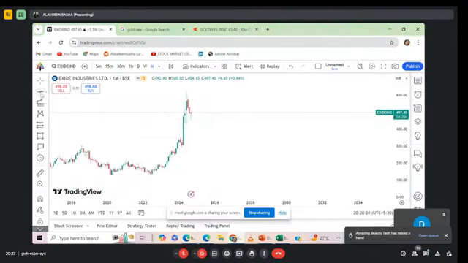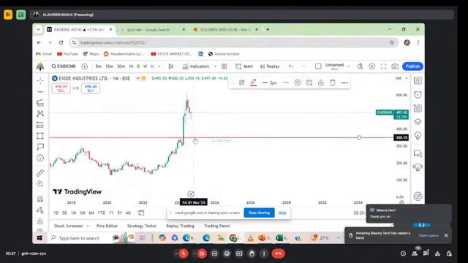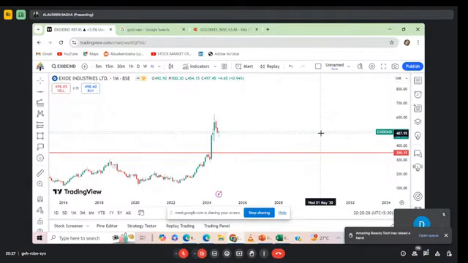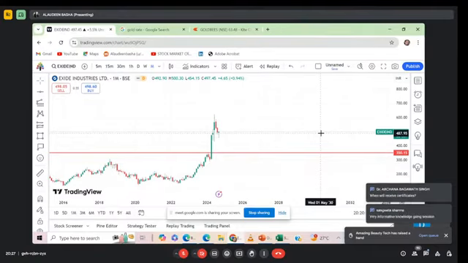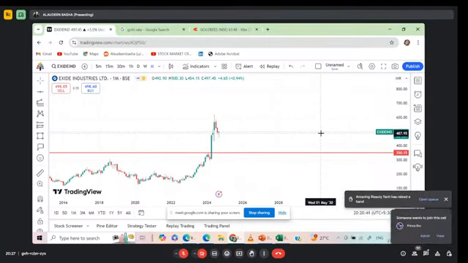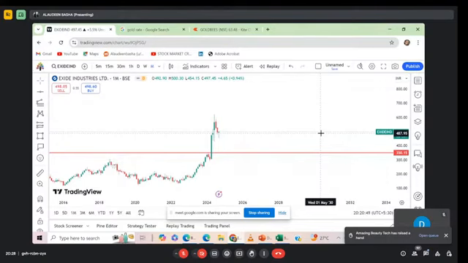Okay, you just wait for the previous support. 350 to 400, 350 to 380 is a good buying range. Exide, Amara Raja battery. These kinds of battery industries will definitely have a big impact in the stock market, because these batteries are part of the EV sector. So there is a great opportunity in the future in EV sectors. So you can consider Exide and Amara Raja battery. Both are good ones.